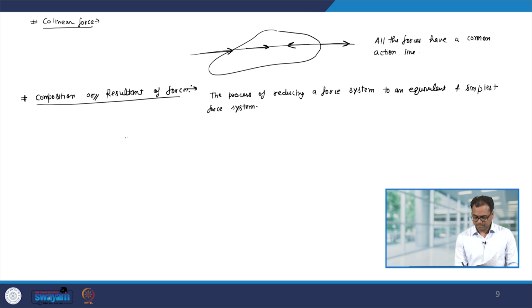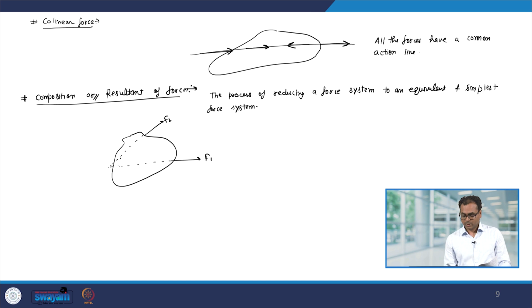Let us look at an example. So, suppose I have this rigid body, and on this rigid body two forces are acting, and we want to reduce this to a single force system. So, let us draw F1 and F2, and its resultant will be R.